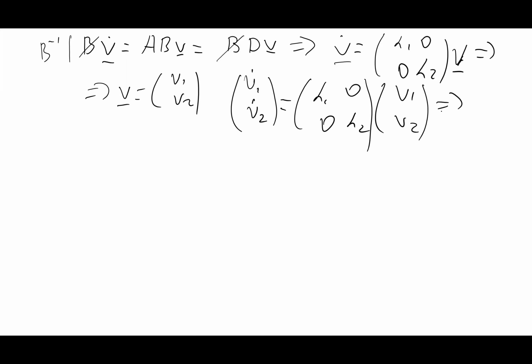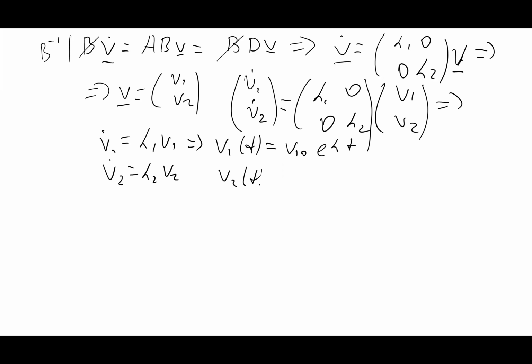From here we get V1 dot equals lambda 1 V1, and V2 dot equals lambda 2 V2. So V1 is the initial value of V1 times e to the power of lambda 1t, and V2 of t equals the initial value of V2 times e to the power of lambda 2t.